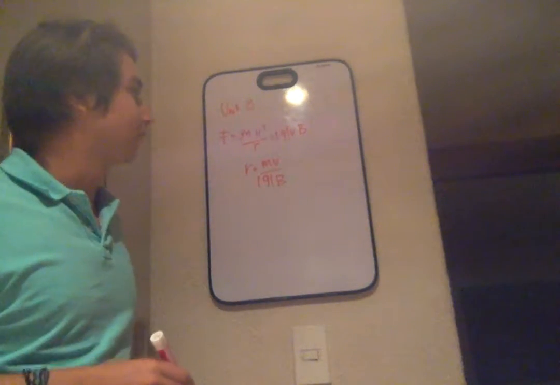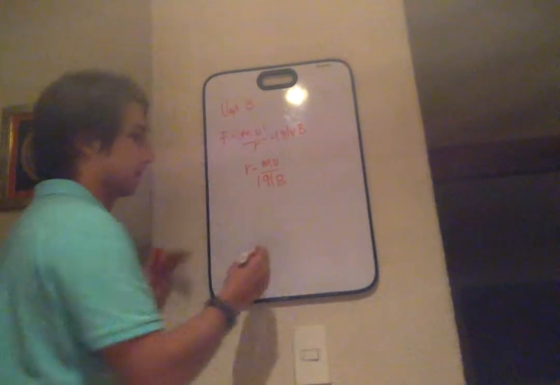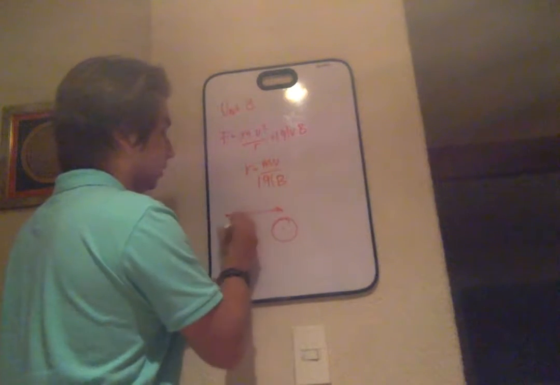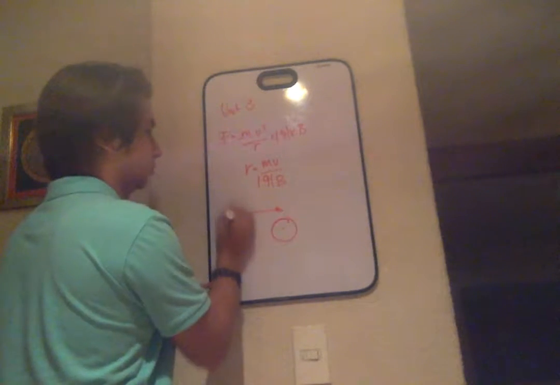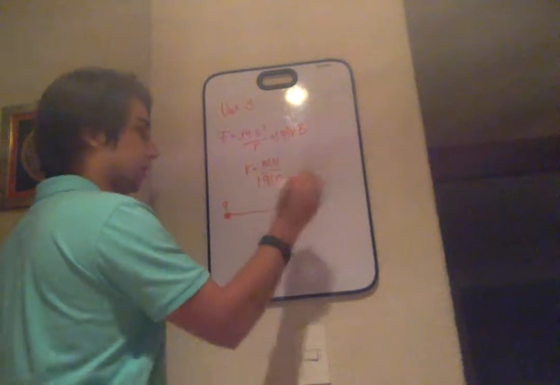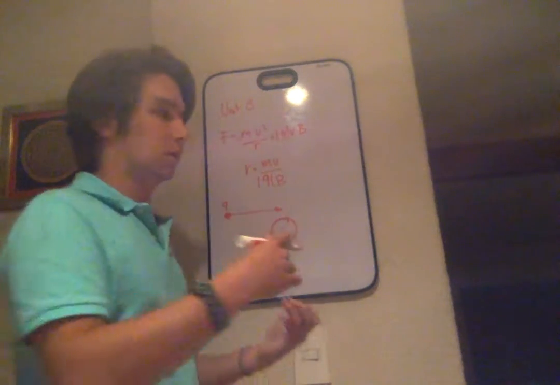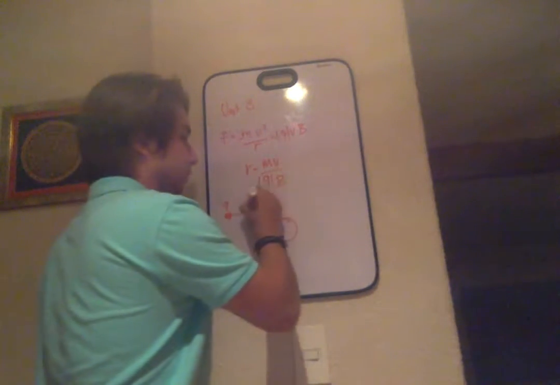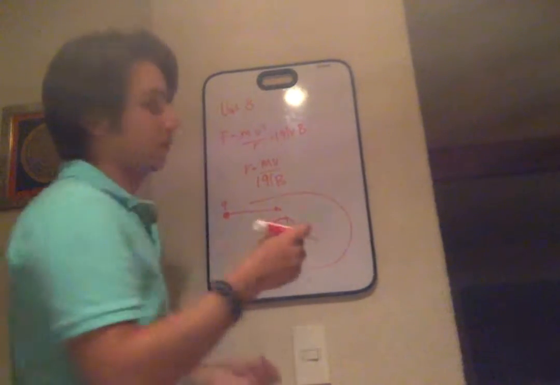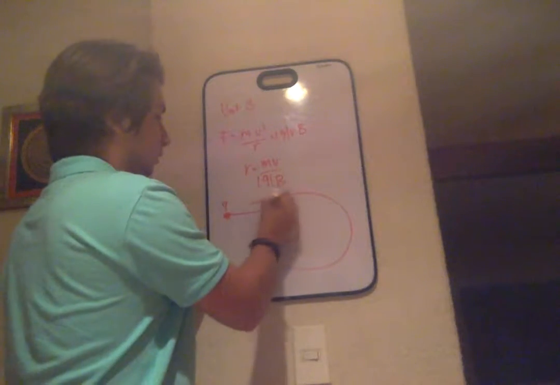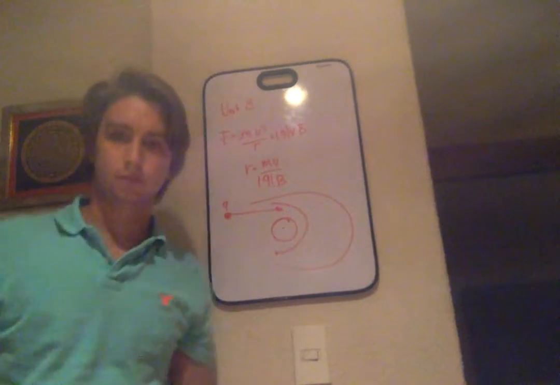So we have the field here, and this is our charged particle, and if it's going really fast, then the field will have to apply more force to change the direction, so the radius will be bigger, and if it's going slower, then it will be easier for the field to change the motion.